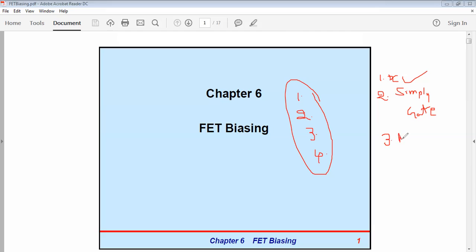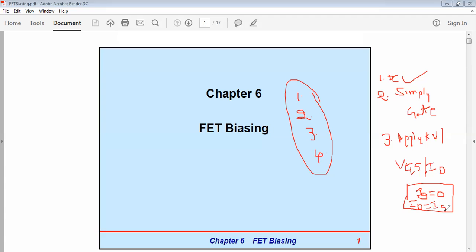The third one is apply KVL to the input loop. Then derive the expression for VGS, or otherwise derive the expression for ID. While deriving the expression for VGS or ID, two important properties of FET are: IG is equal to 0, and the drain current is equal to the source current.